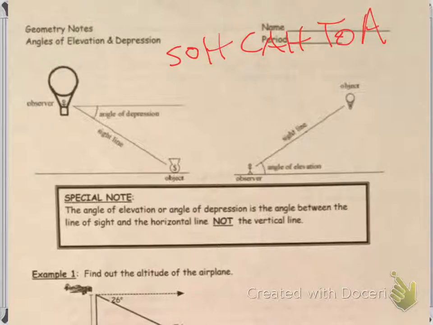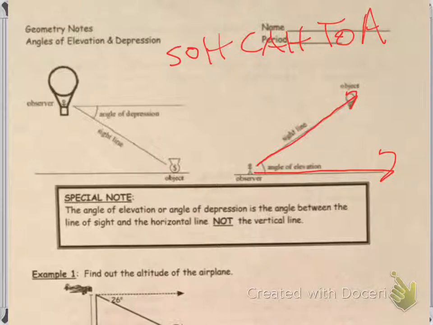The first thing in our lesson today is the angle of elevation and the angle of depression. I'm going to start with the angle of elevation, the one on the right. The angle of elevation is when you're a person on the ground looking up at something in the air. When you look up, it creates an angle with the ground.